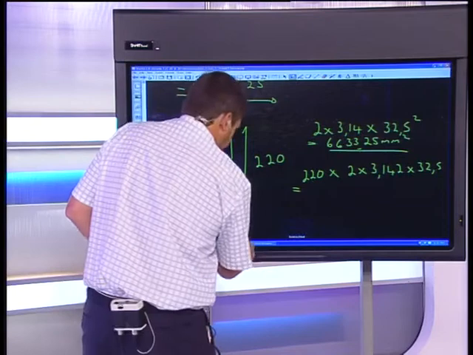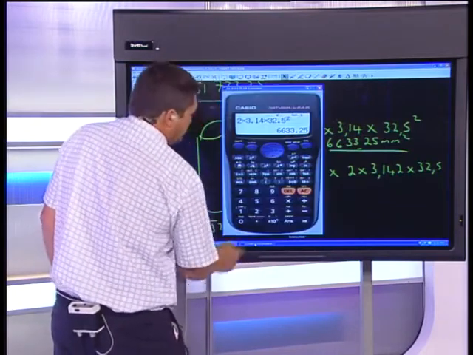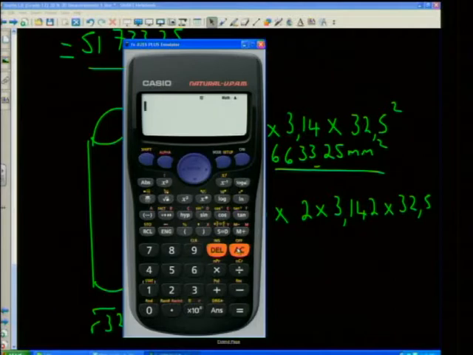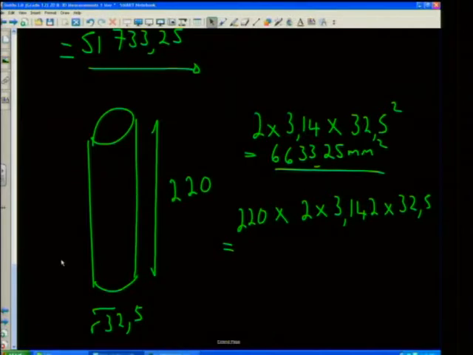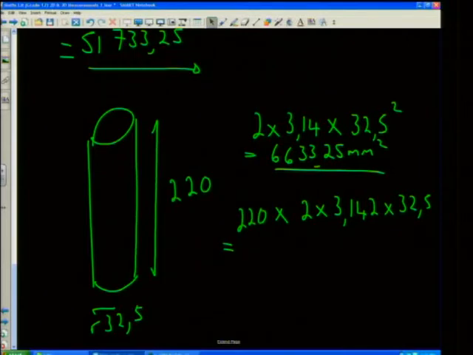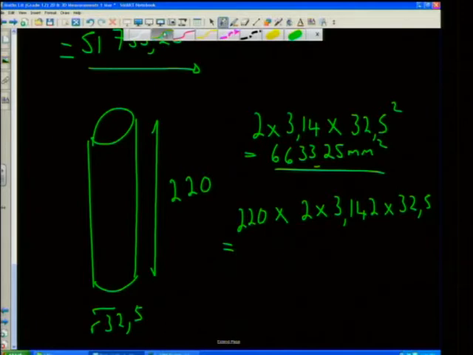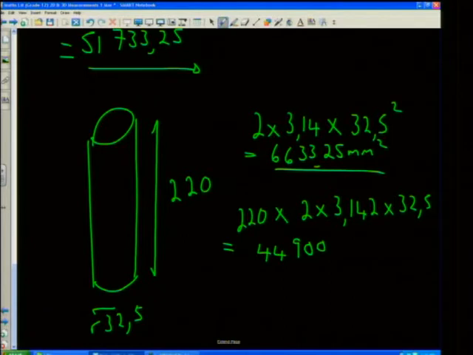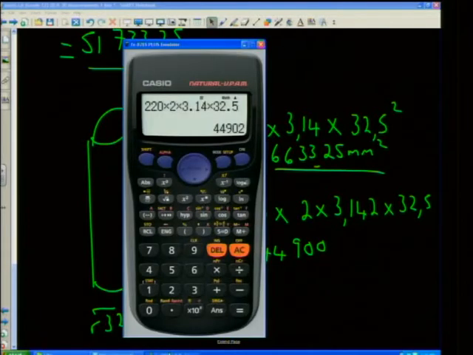So on our calculator, here we go: 220 multiplied by 2 times 3.14, let's leave it as 3.14, multiplied by 32.5 equals, and now we get an answer of 44,902.